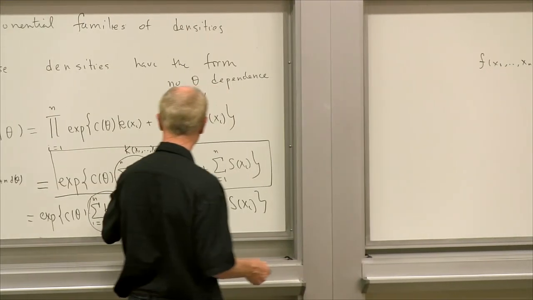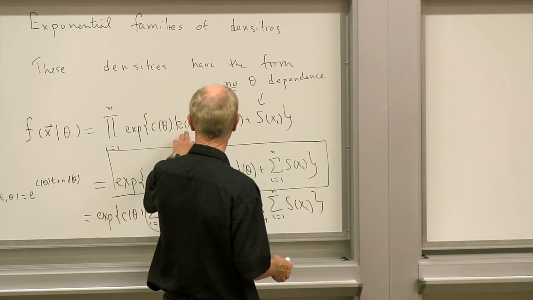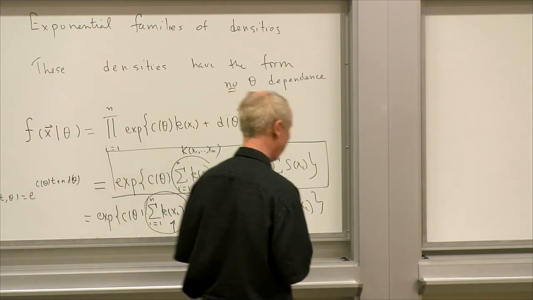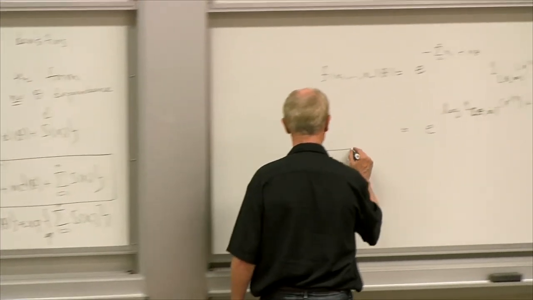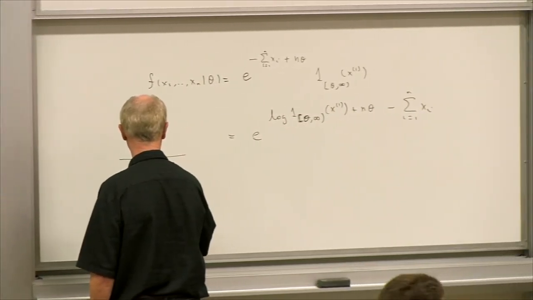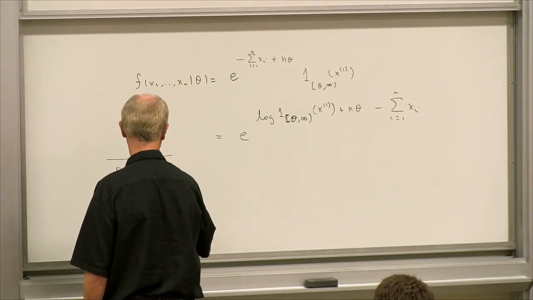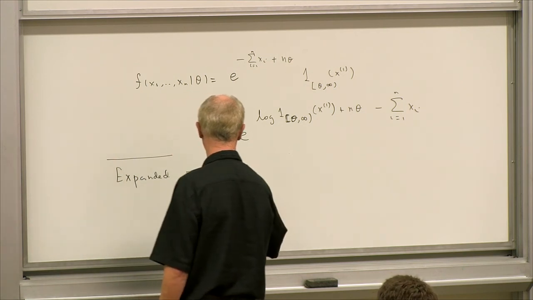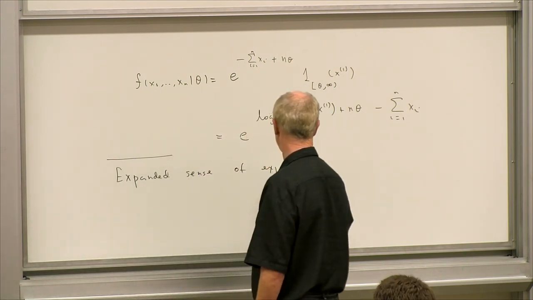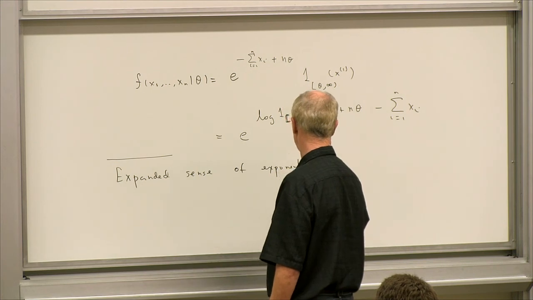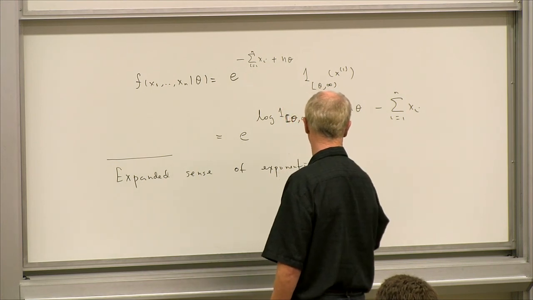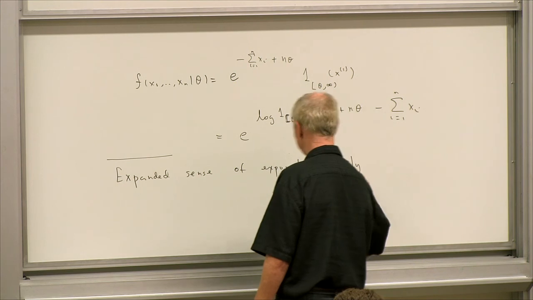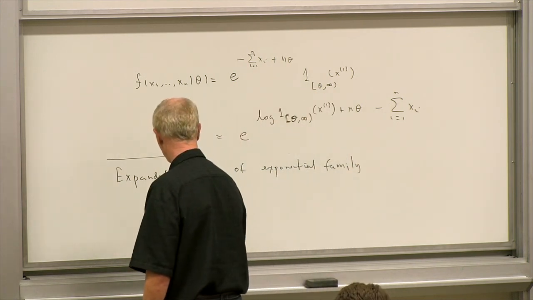But it doesn't have to be a sum of the data here. So let me say an expanded sense of exponential family. The joint density has this form.